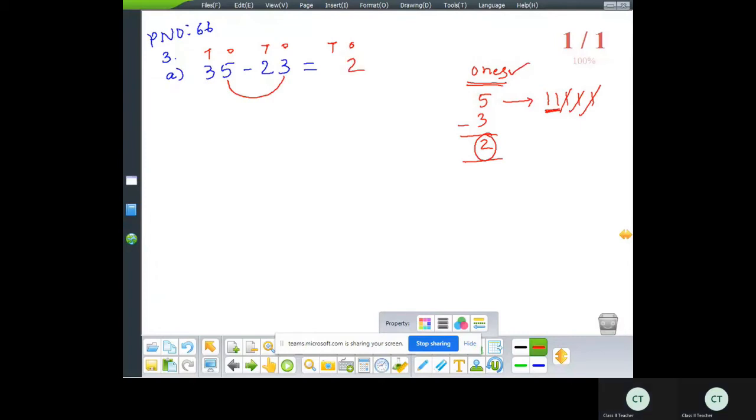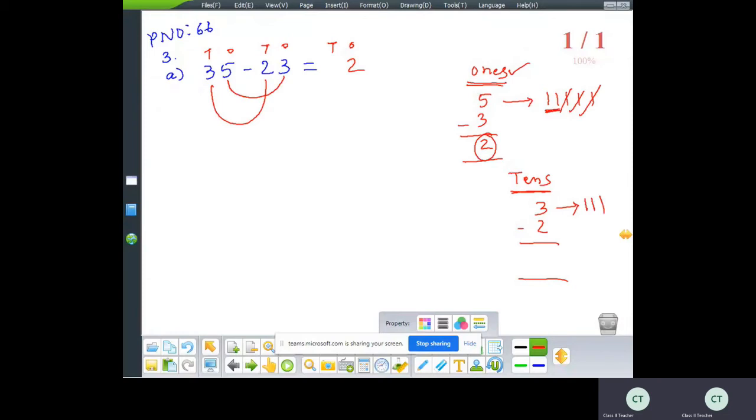Next. Now subtracting on 10. The digits are in the tens place. 3 and 2. 3 and 2 means 3 minus 2. We subtract 2 from 3. 3 lines: 1, 2, 3.